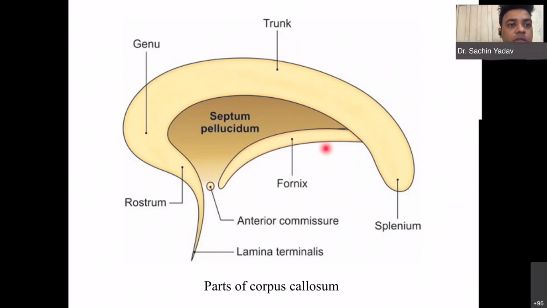This rostrum extends downward on each medial surface of the cerebral hemisphere in the form of the lamina terminalis. When I show you the specimen of the cerebral hemisphere, you will see all the parts: the lamina terminalis, rostrum, anterior commissure. Got it? We'll move on to the next slide.